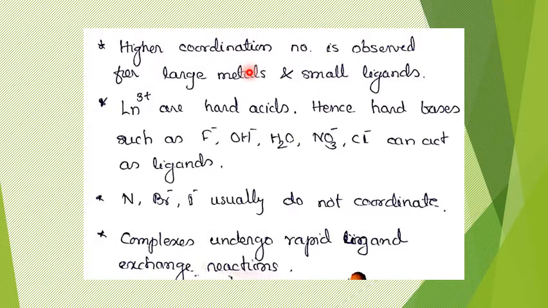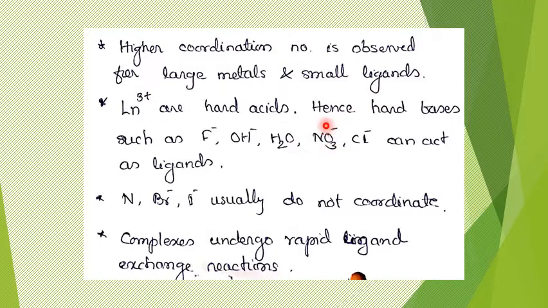Next, which kind of ligands are involved? If we compare with transition metal coordination chemistry, in transition metals nitrogen donors are most common, and even complexes of Br minus and I minus can be found. But here much preference is there for ligands such as F minus or oxygen donors, say hydroxide ions or water molecules.